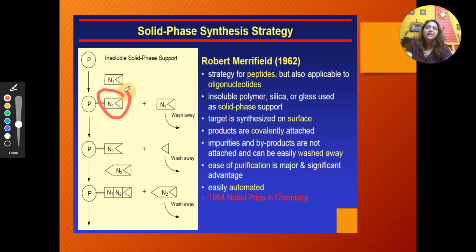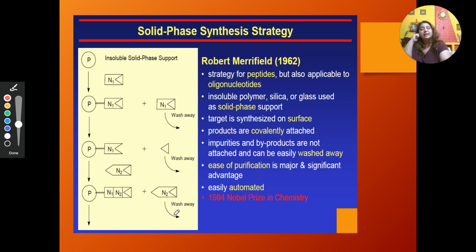Say N1 is getting attached, and then the leftover molecules of N1 are washed away. After that, another molecule comes and binds to N1. Then another molecule comes and binds, and so on. When this is removed, the other one gets washed away.